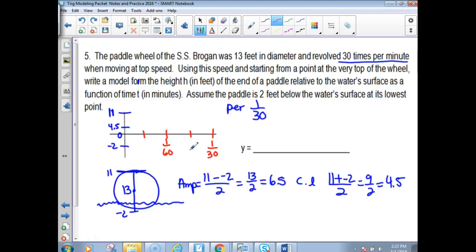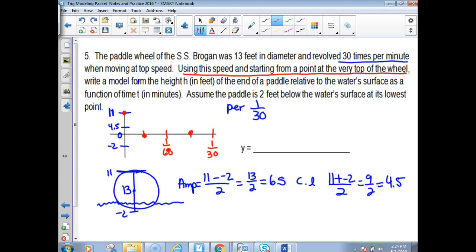So what kind of wave? Wait a minute. Where are we starting, guys? Yep, it said that we need to assume that we're starting at its highest point. Using this speed, starting from a point at the top of the wheel. That's up here. Then we're coming to the center line. Then we're going to the min.